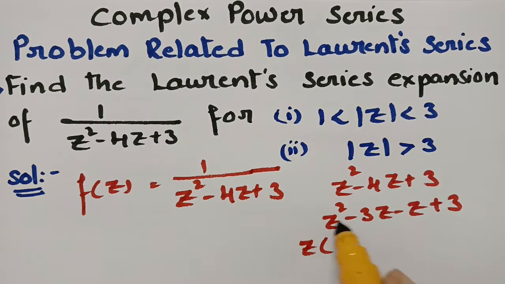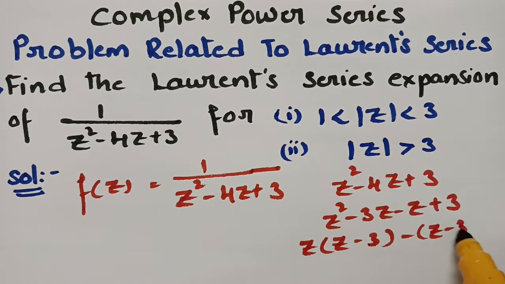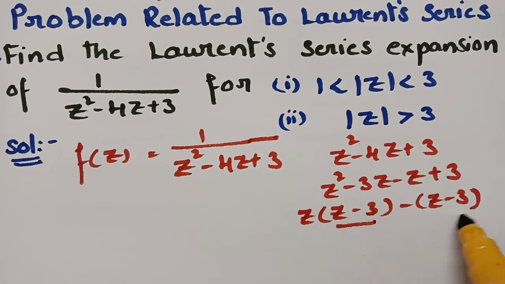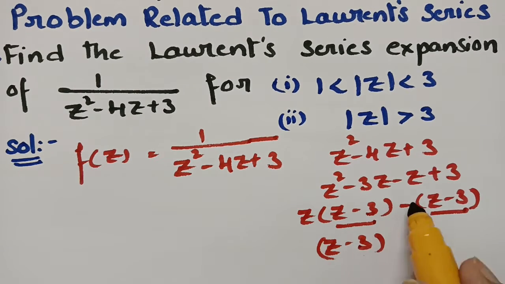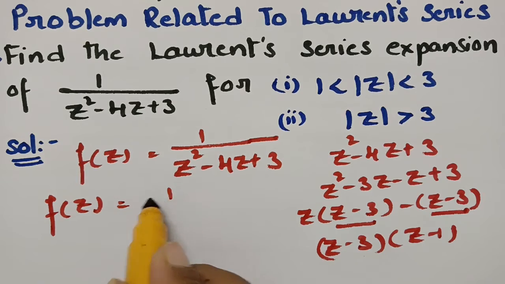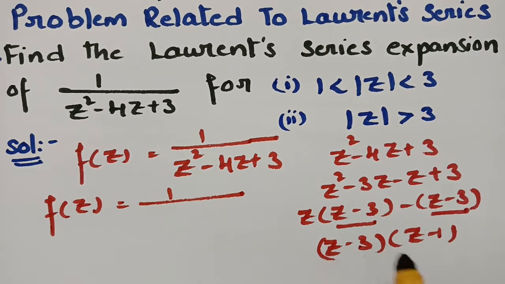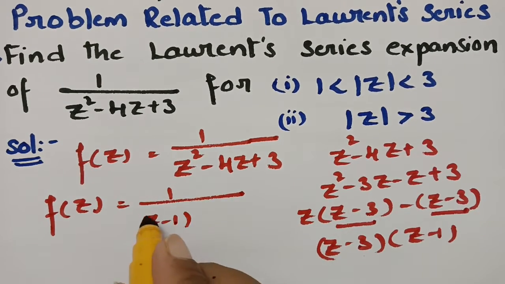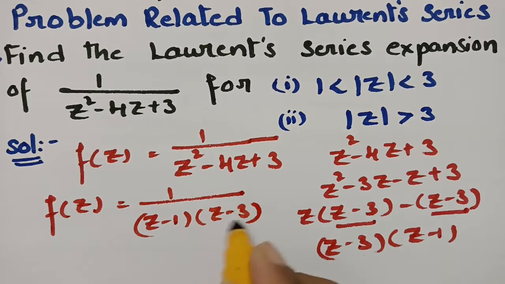Now if I take z common from these two, this will be z minus 3. If I take minus common from the other two, this will be z minus 3. So if I take z minus 3 common, this will be z minus 1. Clear? So f of z I can write as z minus 1 into z minus 3.